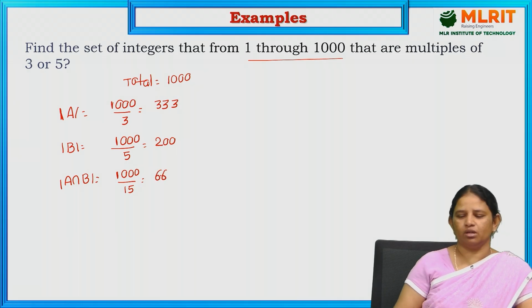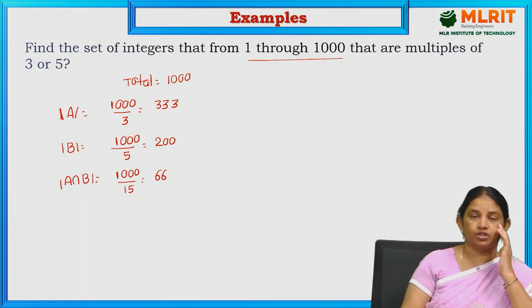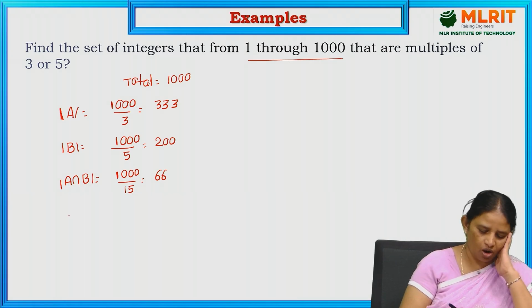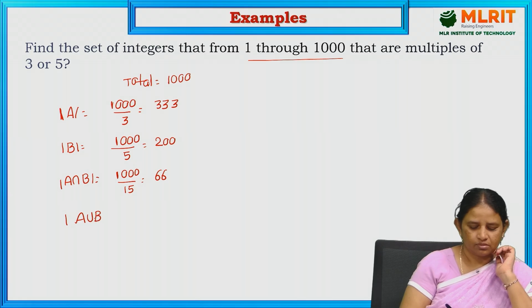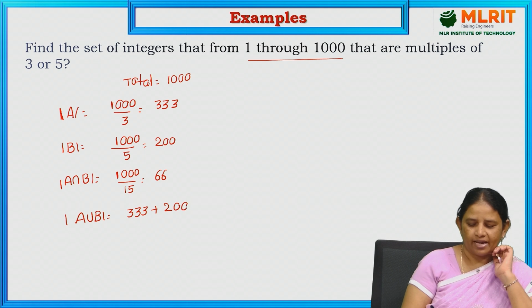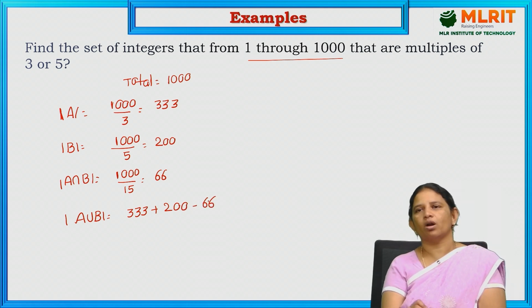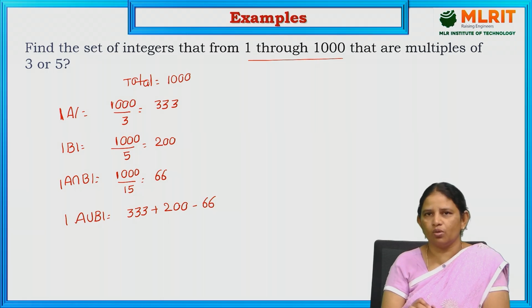Now find the set of integers from 1 that are multiples of 3 or 5. So 3 or 5 means mod A union B. That means 333 plus 200 minus 66. 333 is the number of integers which are divisible by 3.